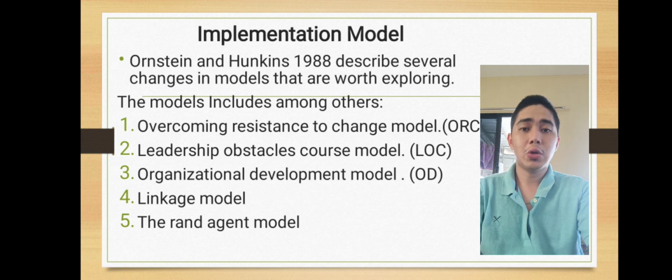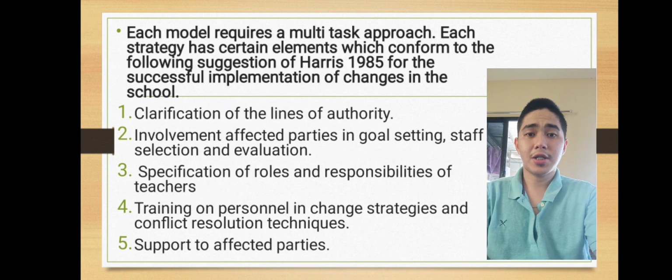The models include, among others: first, the overcoming resistance to change model, or ORC; second, the leadership obstacle course model, or LOC; third, the linkage model; fourth, the organizational development model, or OD; and fifth, the RAND change agent model. Each model requires a multi-approach.